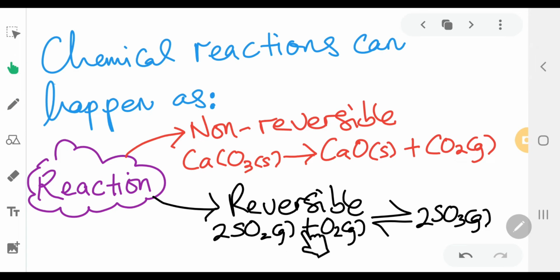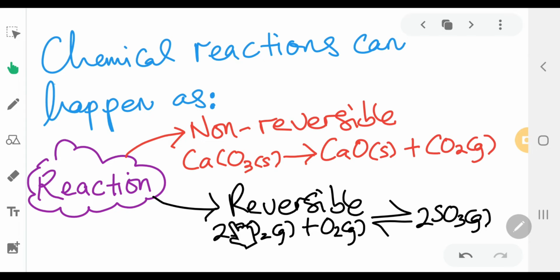The difference between a reversible and a non-reversible reaction in these two examples is that when SO2 and O2 react here, they are converted into SO3, but at the same time, this SO3 will decompose to reform SO2 and O2 in the reaction.